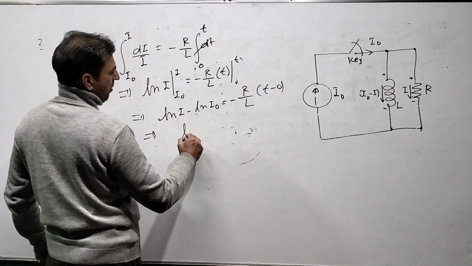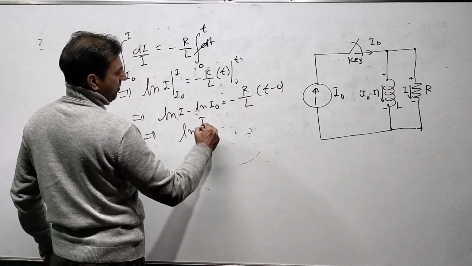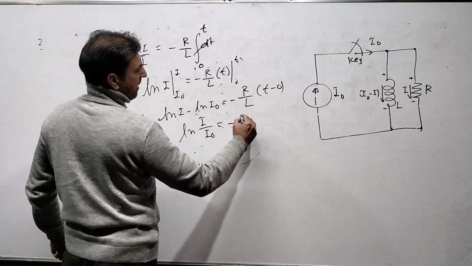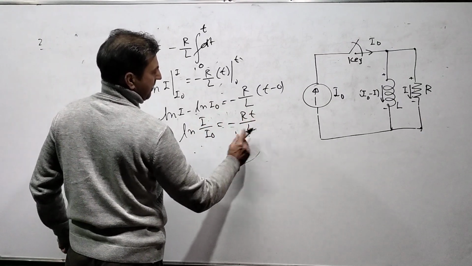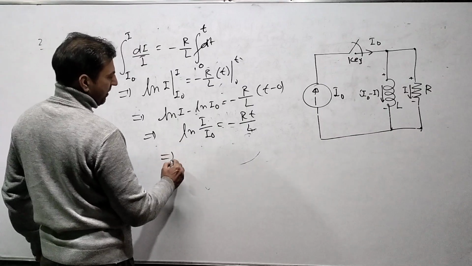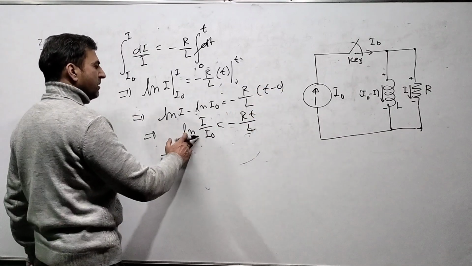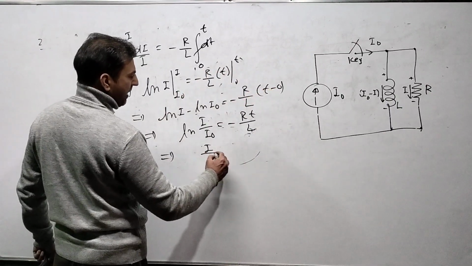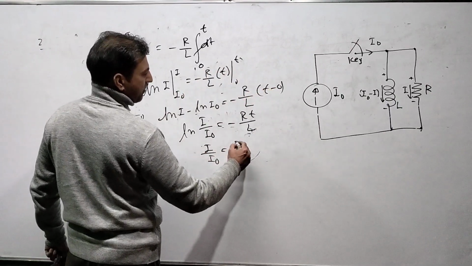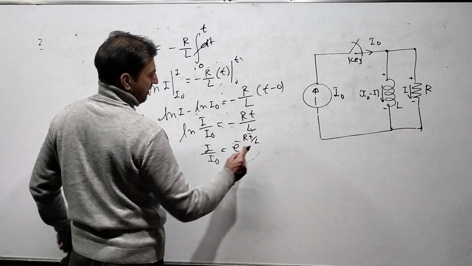So it is ln of I by I0 is equal to minus Rt by L. Now giving anti-log to both sides, I by I0 is equal to e raised to power minus Rt by L.